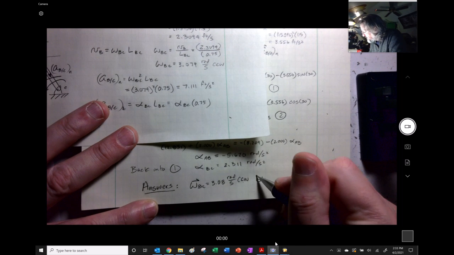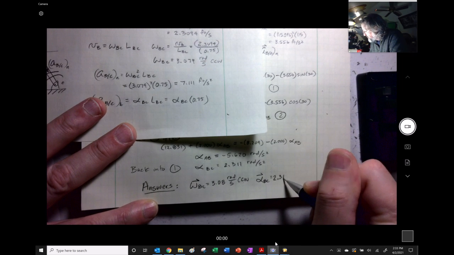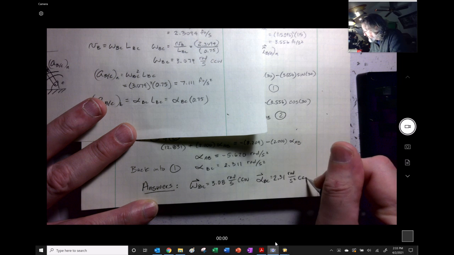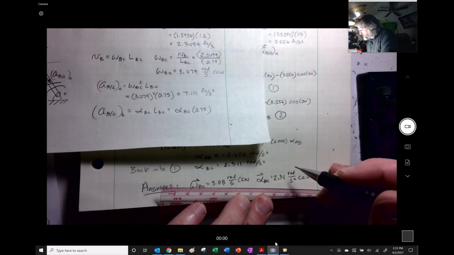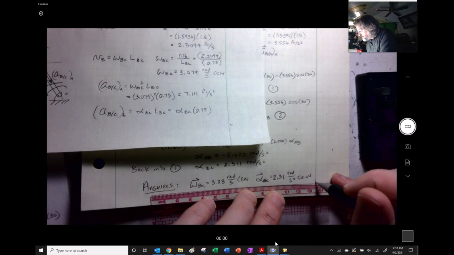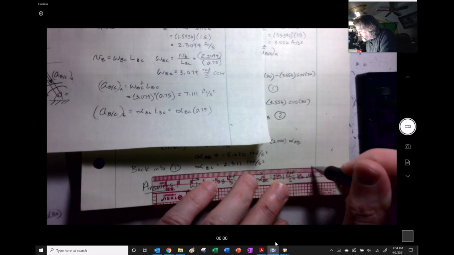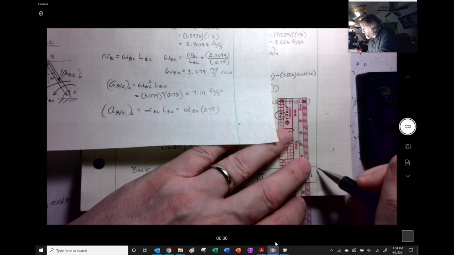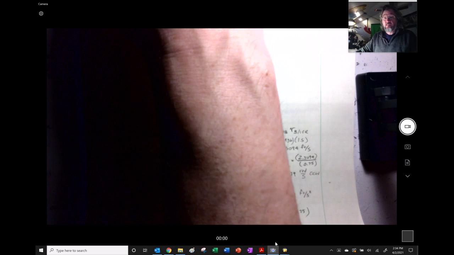And alpha BC, 2.31 radians per second squared counterclockwise. And let's put a box around it. The end. Nice long problem.